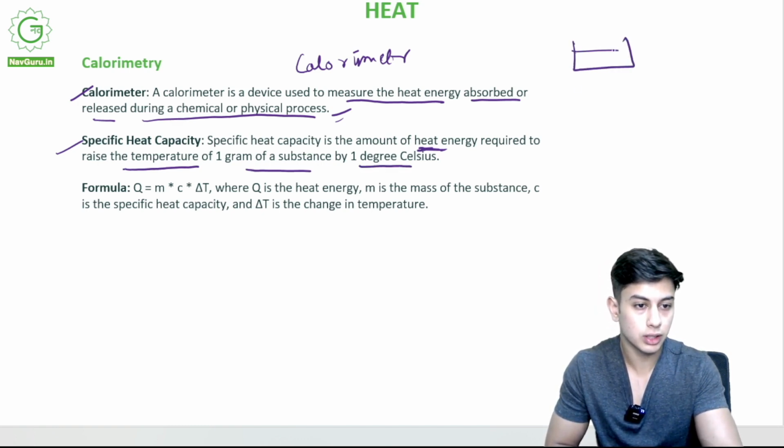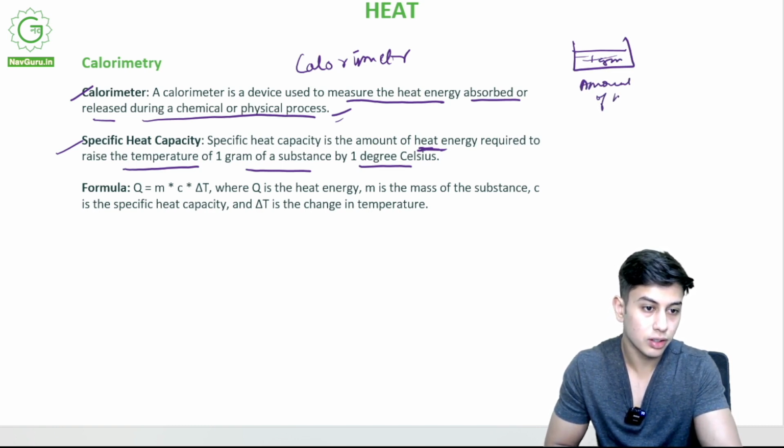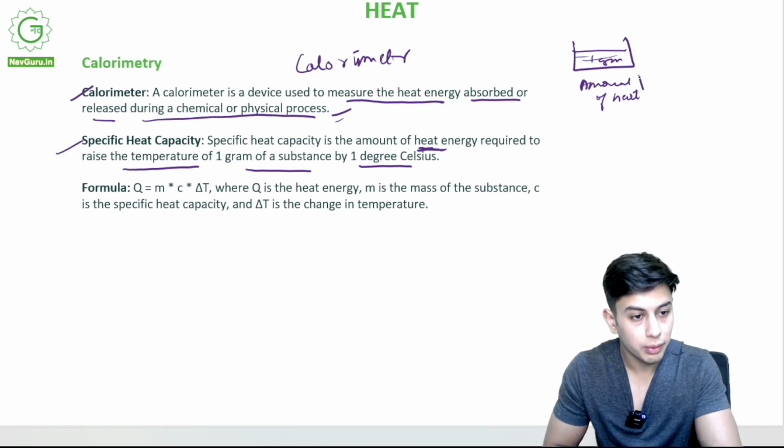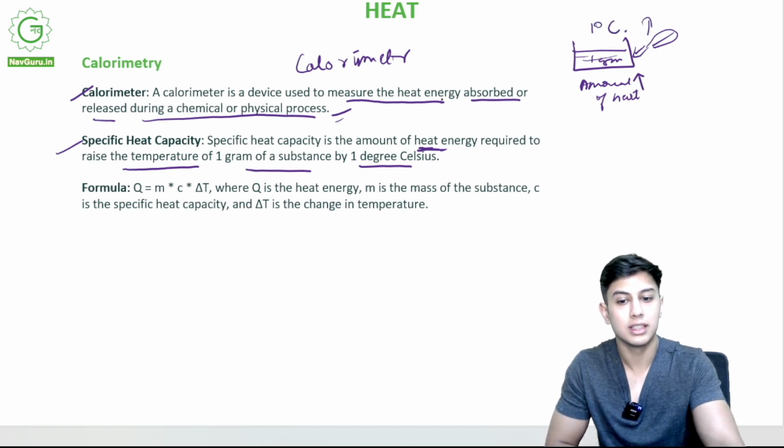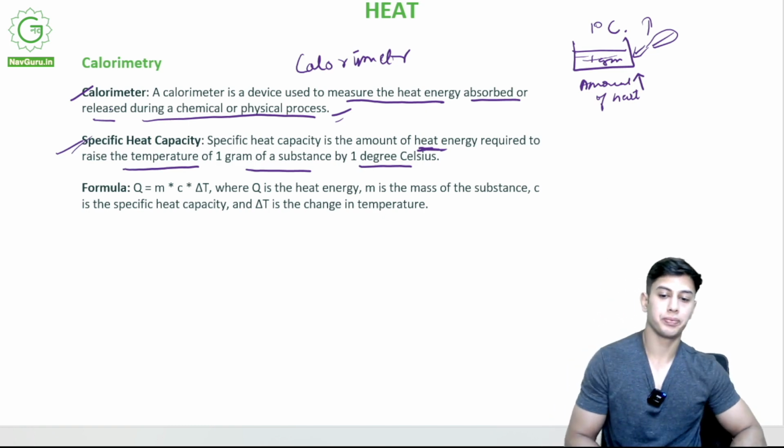So I remember I was telling you, supposedly this is 1 gram of something. The amount of heat I will give it so that the temperature increases by 1 degree Celsius is the specific heat capacity.